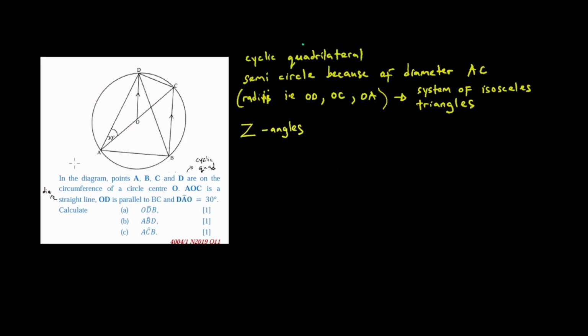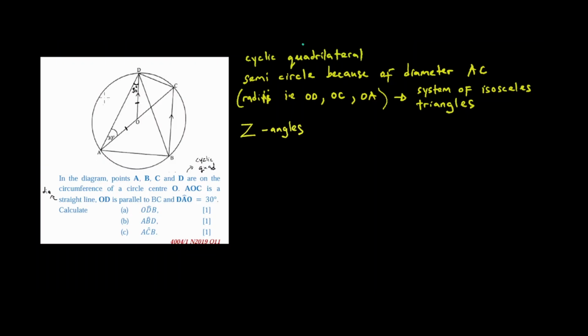Okay, so, before we even look at the questions here, let us fill out the angles that are obvious. I would say this angle is obviously 30 degrees. And I say that angle is obviously 30 degrees because OA is a radius, OD is a radius, correct, they are equal lines.